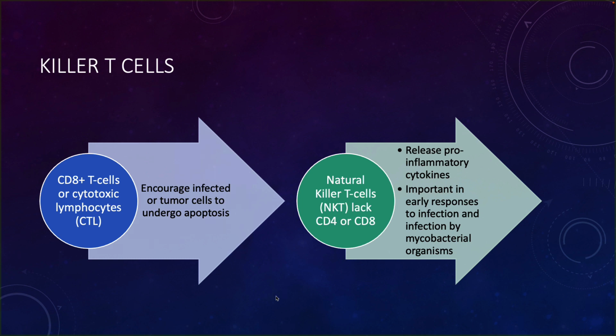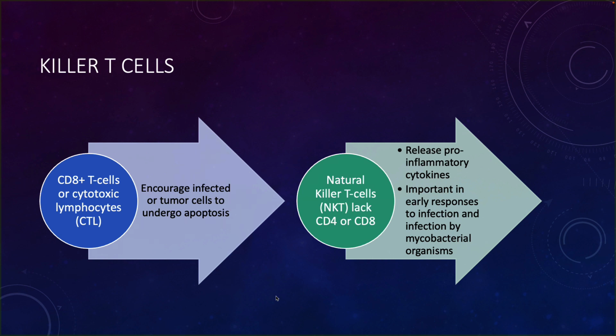The other type of killer T cell we talked about under innate immunology, they're the natural killer T cells. They lack CD4 or CD8, so they are activated in a different way. They release pro-inflammatory cytokines, so as more of a general immune response, which is why we talked about them under innate immunology.